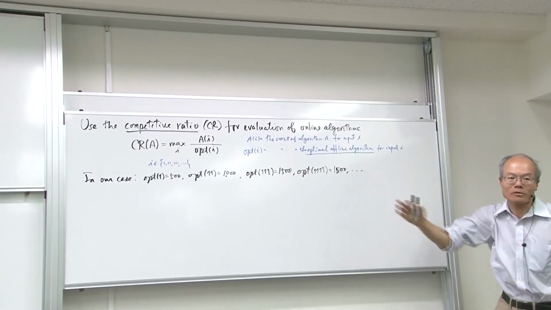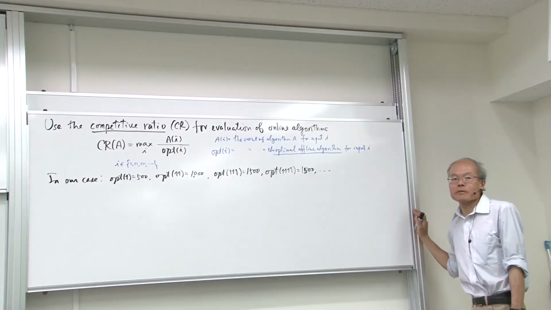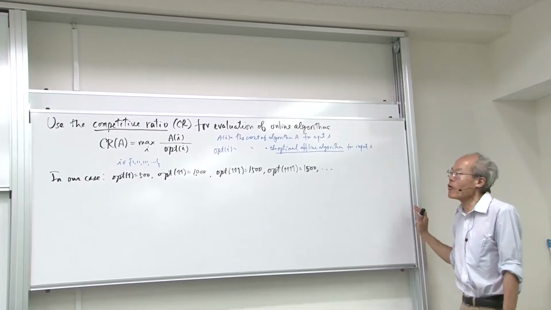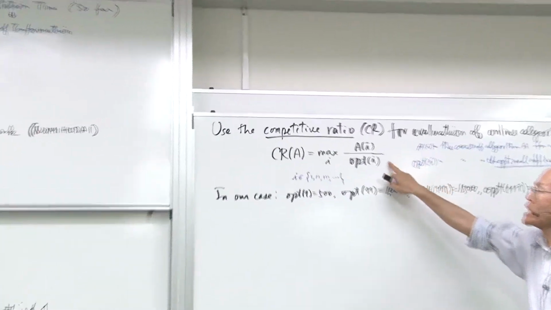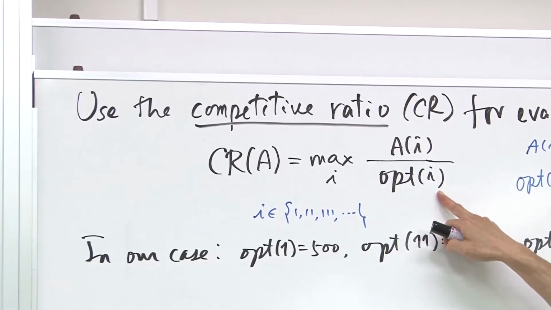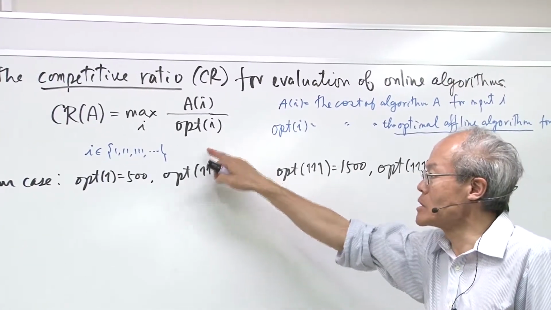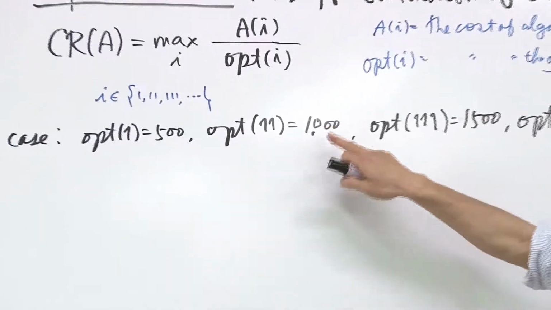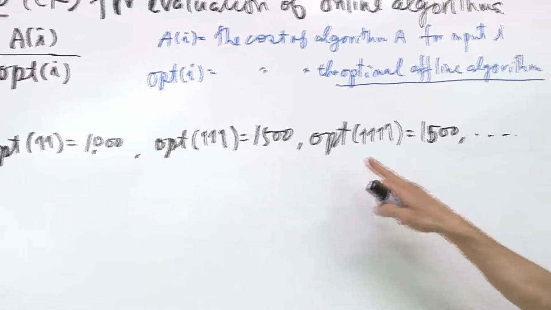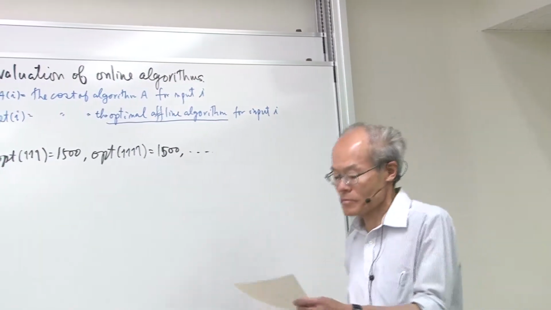So God knows the future input also. So we compare the performance of our online algorithm A against the best possible algorithm. So in this case, 500, 1,000, 1,500, 1,500, 1,500. This is the optimal algorithm.